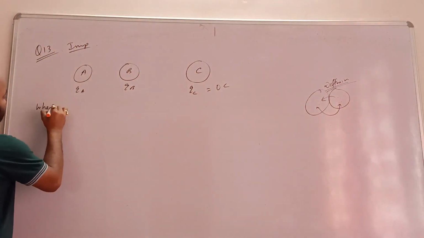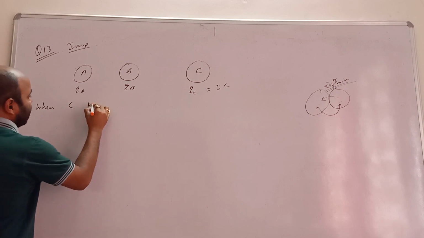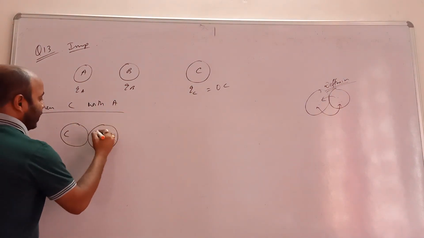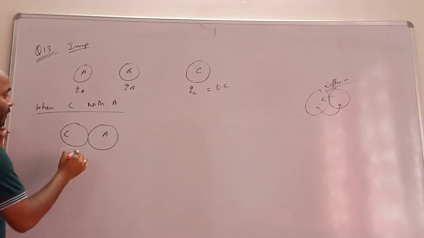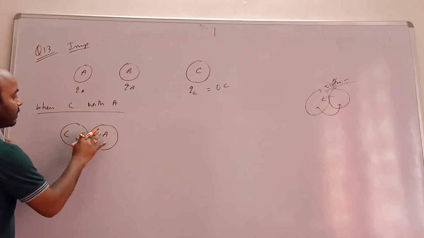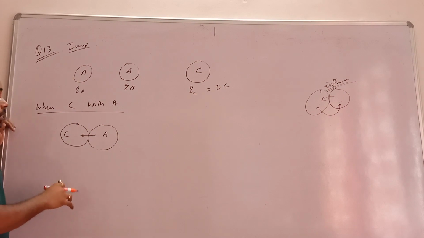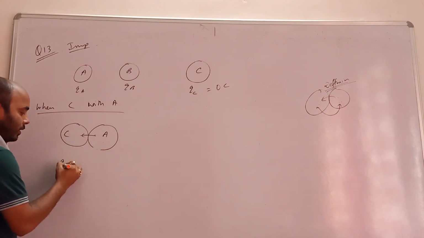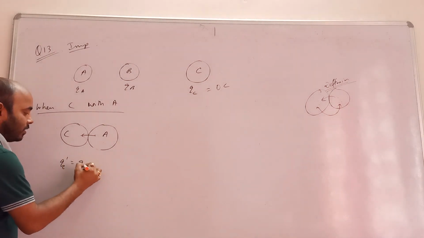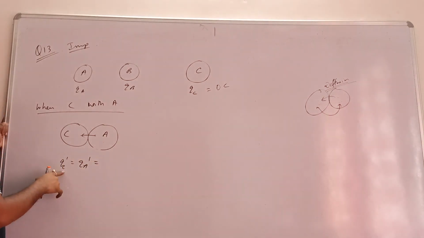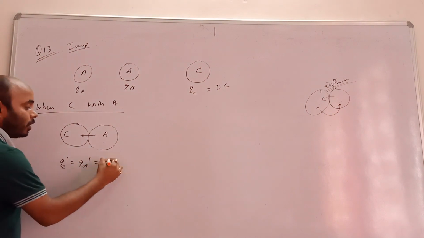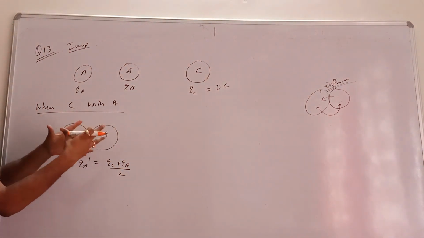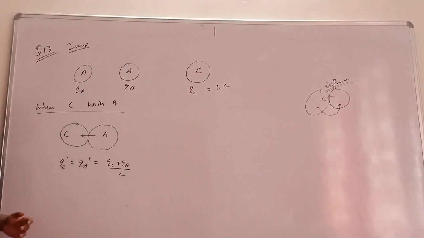So when C is in contact with A, diffusion will happen like this. Till when? Until the charges of both become the same. That means the new charge will be the total charge divided by 2. The total charge of both taken together gets divided equally, half and half, in both.